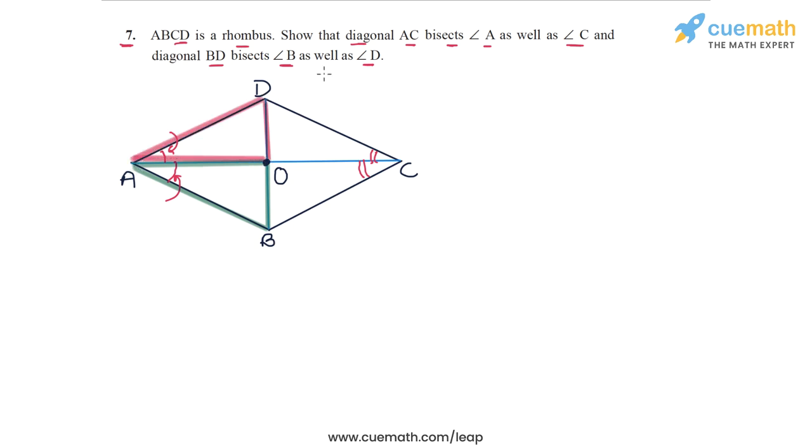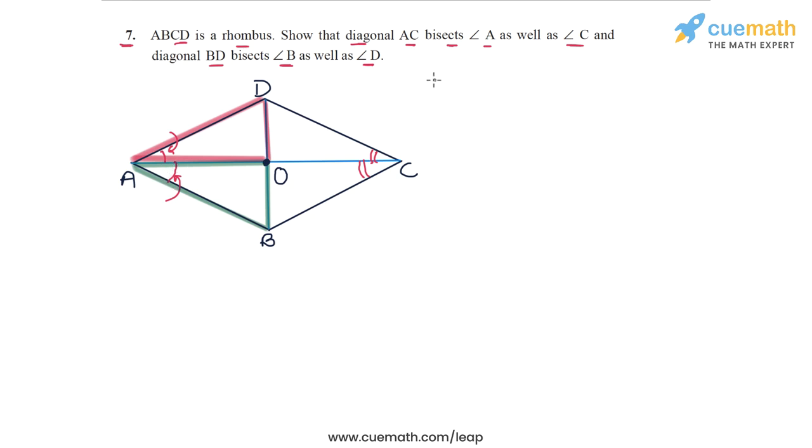It looks like they are congruent. This is what we will prove, and that will mean that angles BAO and DAO, the angles I have marked here, are equal.